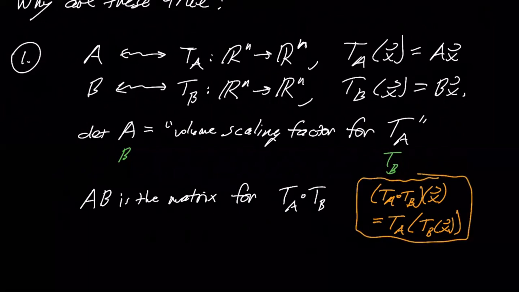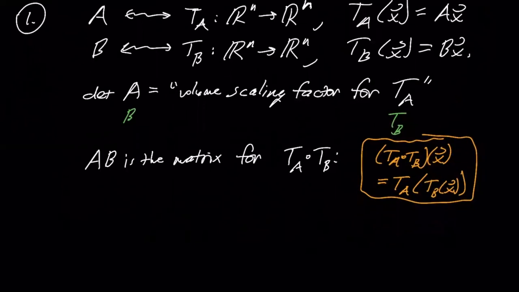If we take some object and we hit it with T sub B, T sub B scales objects by the determinant of B. This becomes sort of clear at this point, right?